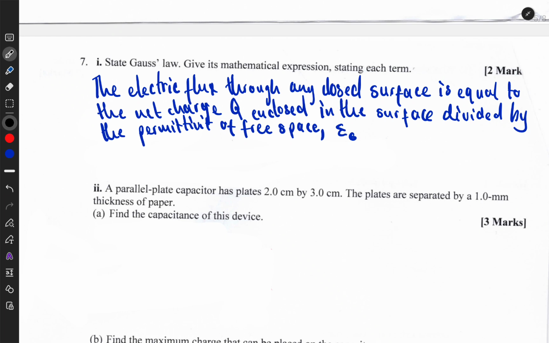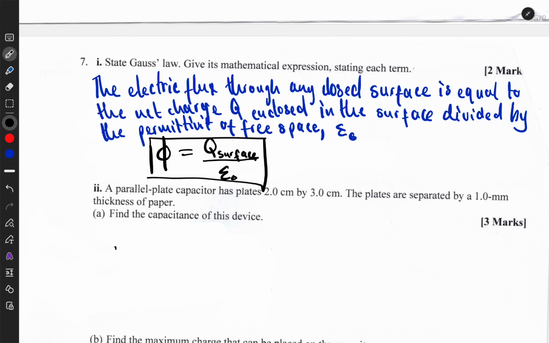Now when we put it as a formula, the flux is going to be like this, and this is Gauss law. It will be just saying the flux is equal to Q, sometimes you see them say Q surface, but this just means the net charge inside the surface, enclosed in the surface, divided by mu zero.